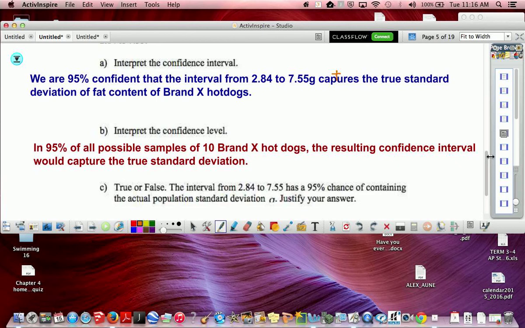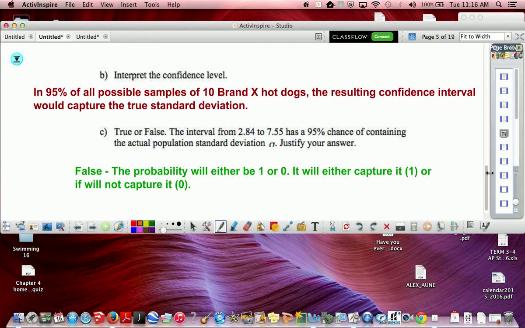Say that out loud. If it's in here, what's the probability that it got it? 100%. Okay? If it's not in here, what's the probability? 0. Okay? So this is false. Your probability is either going to be 1 or 0. Either the interval actually captured it or it didn't.